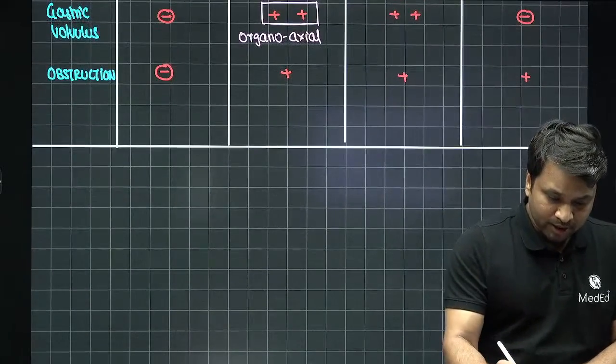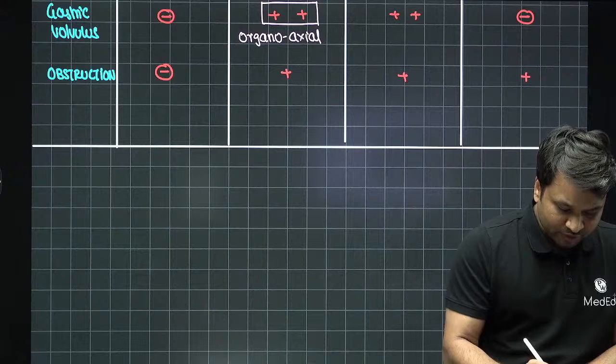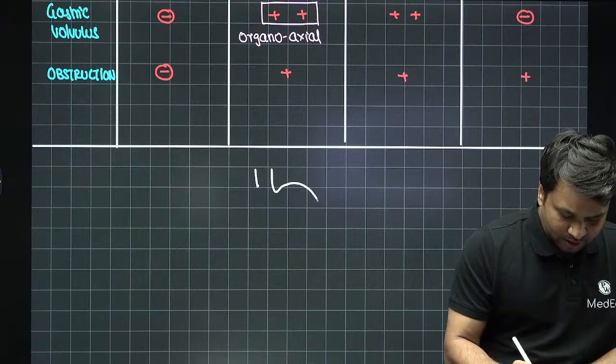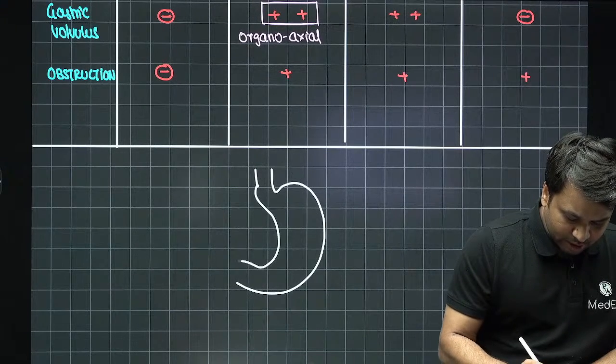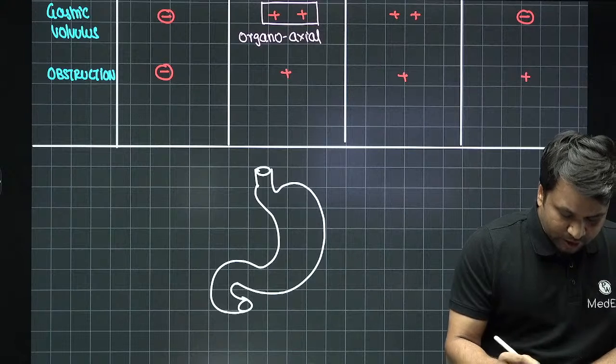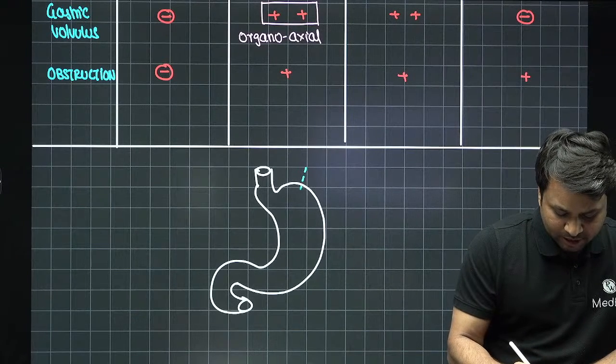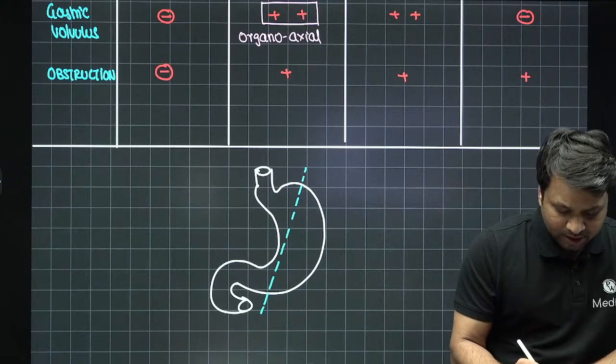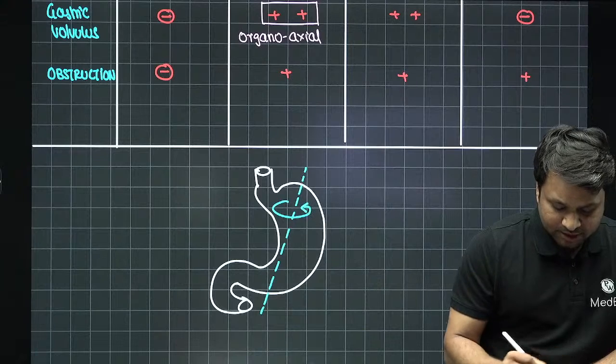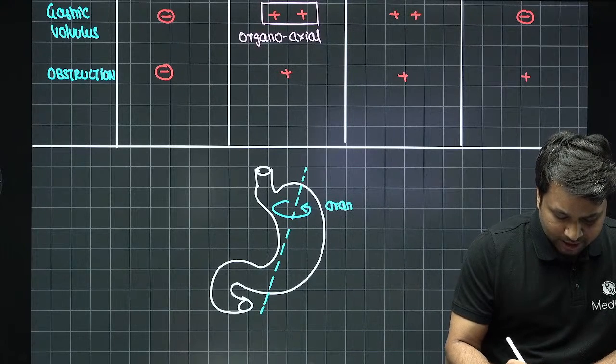Let's say you take this as a representation of the stomach. This is the esophagus, and this is the orientation of the stomach. This is the long axis of the stomach, and if the stomach rotates around it, that is what we call organoaxial.